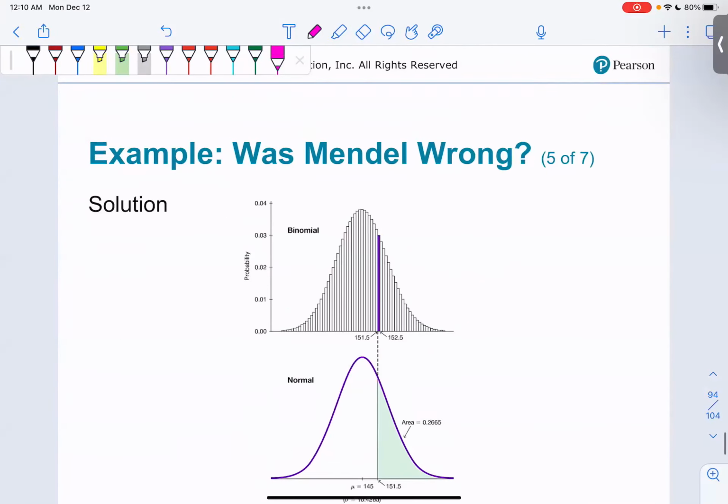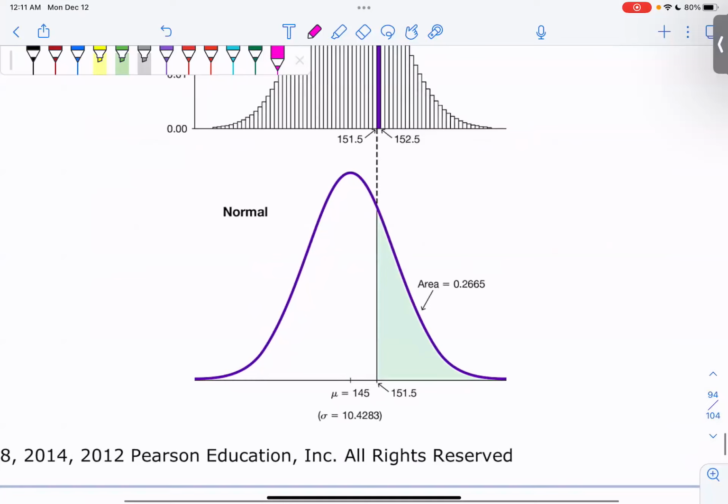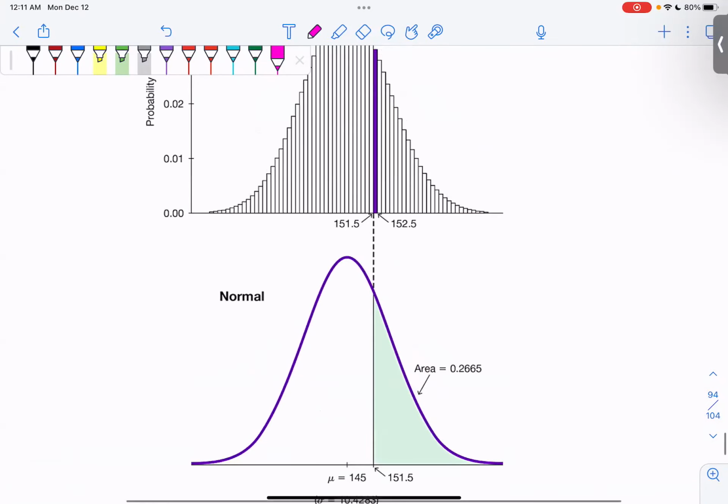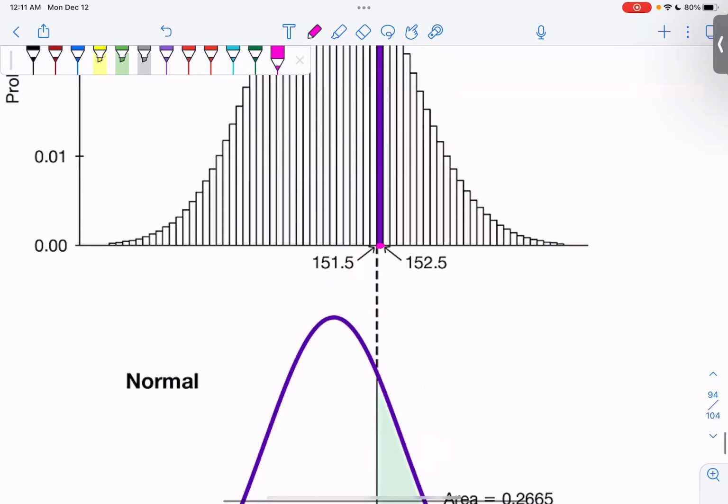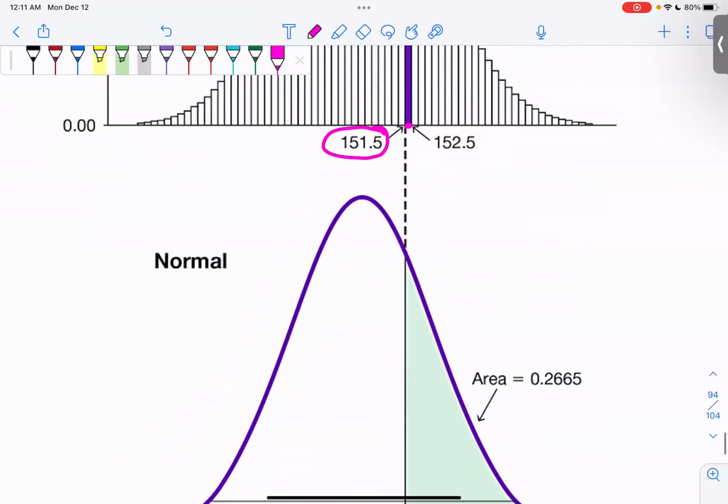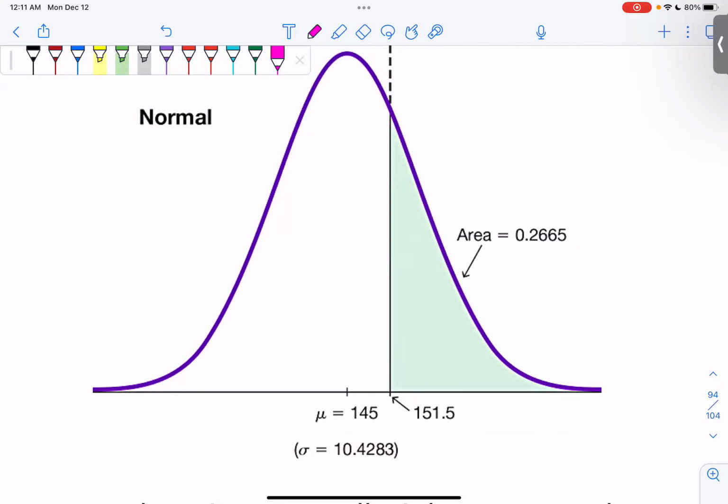If you see it here, this is the real limit, and this distribution up here. So we start from 151.5 to make sure that 152 is included in the shaded area.